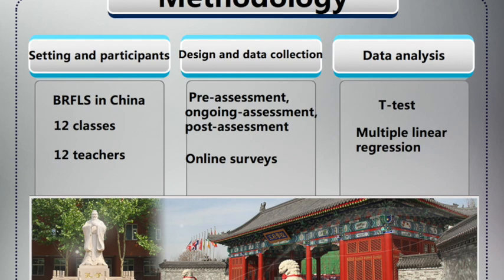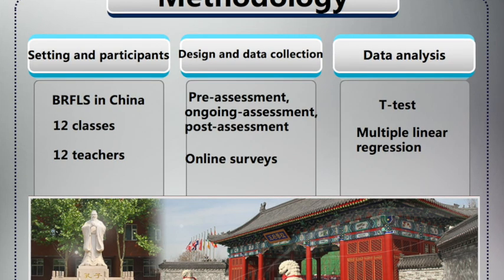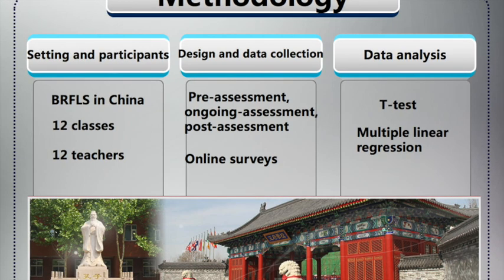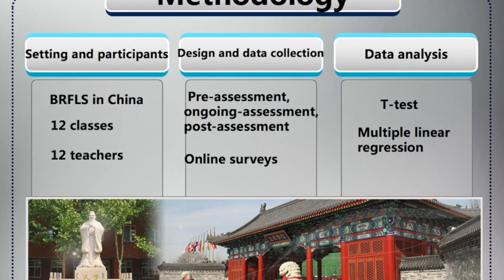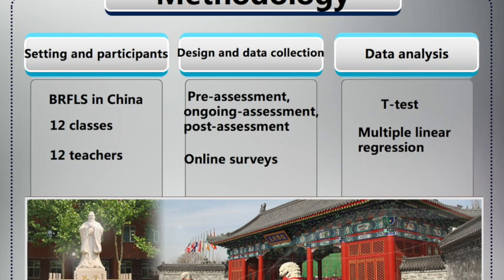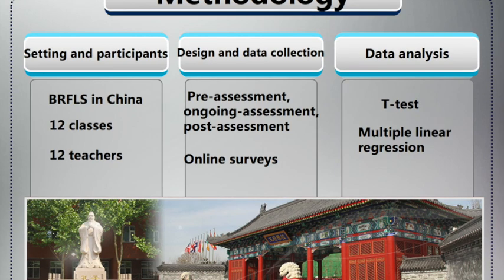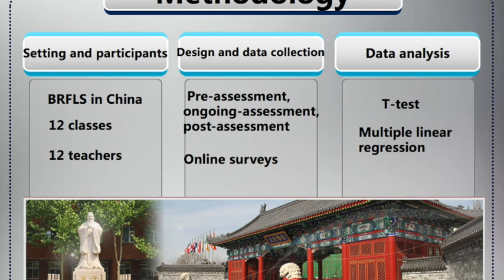All the assessments will use the math paper test. In order to make the results convincing, this study will include online surveys. The first type of survey will be designed for all students from the 12 classes, in which multiple choice questions about math learning interest, attitude, and motivation are included.